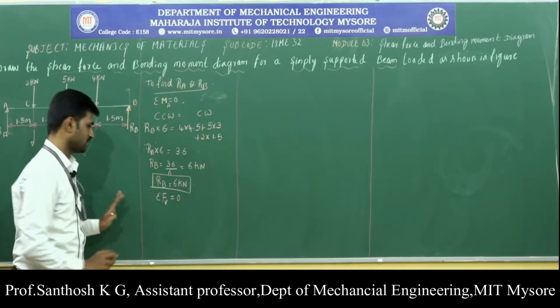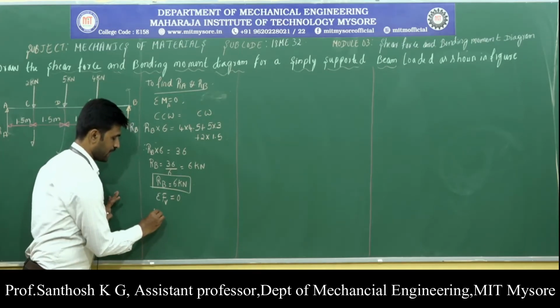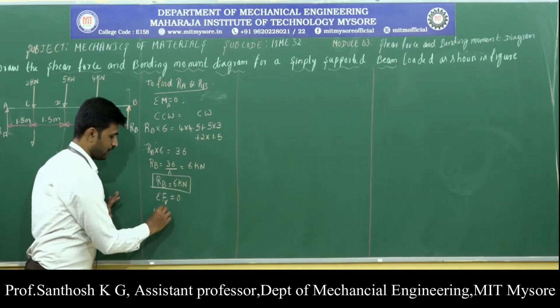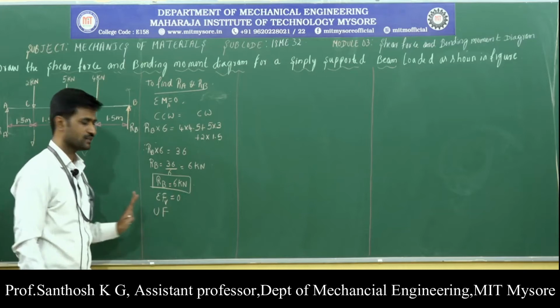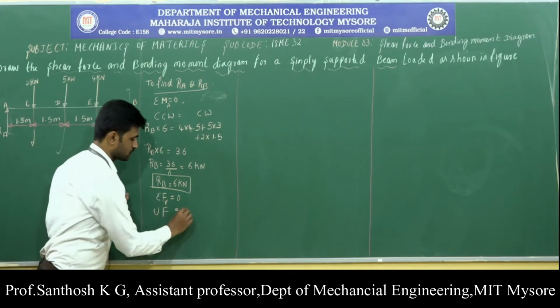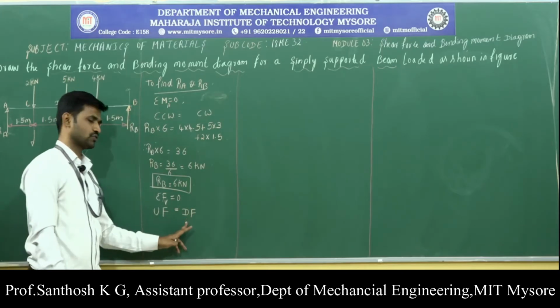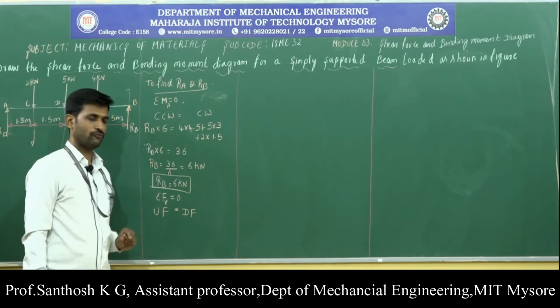So in the vertical direction, the forces may be acting in the upward direction. The forces acting in the upward direction I am going to write as UF, and it should be equal to the forces acting in the downward direction. DF represents the downward forces.